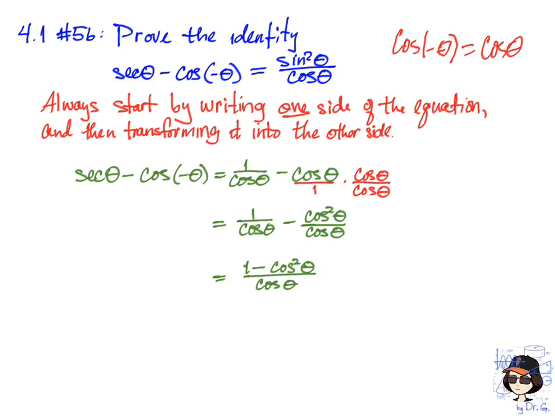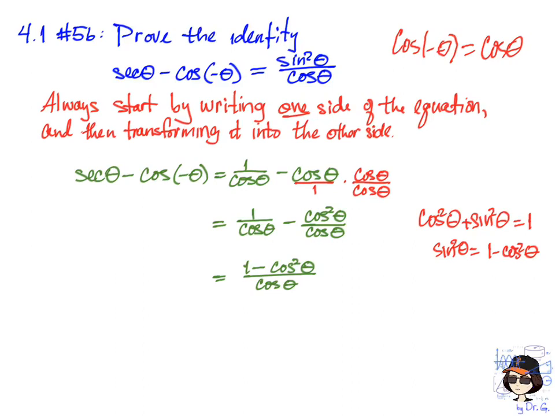So the main Pythagorean identity is cosine squared theta plus sine squared theta equals 1, right? But if we subtract cosine squared theta from both sides of this identity, we get sine squared theta is equal to 1 minus cosine squared theta. So that's the version we're going to use.